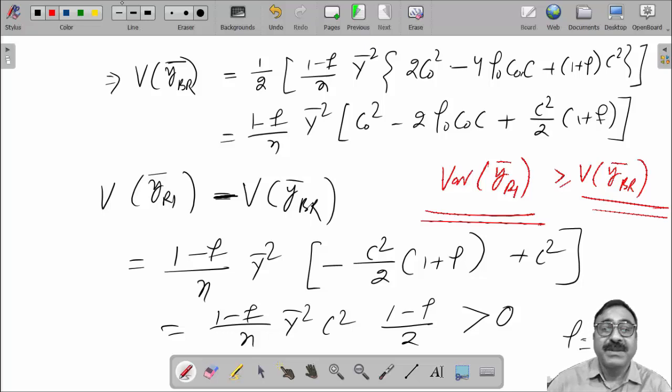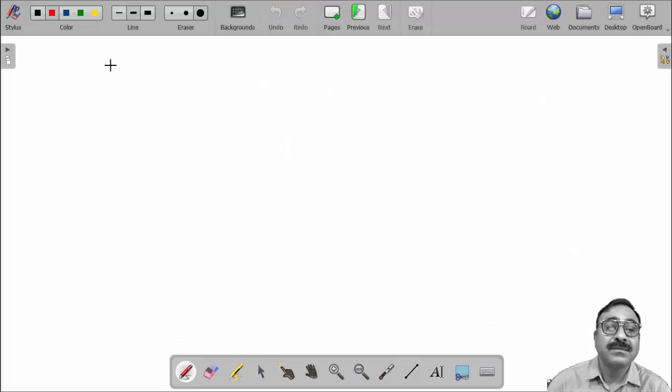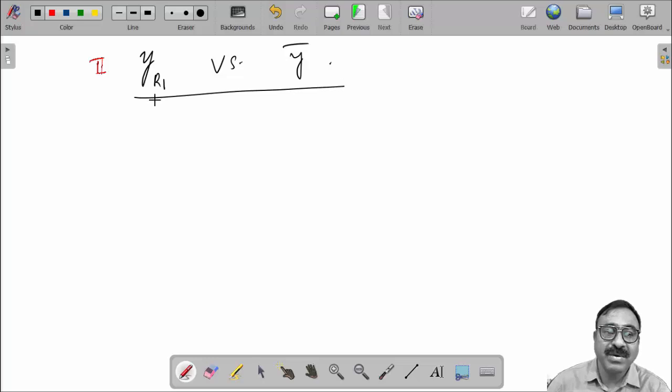So now consider the second case: comparison between the ratio estimator and the simple mean estimator, that is, the usual ratio estimator using one auxiliary variable with the simple mean estimator.